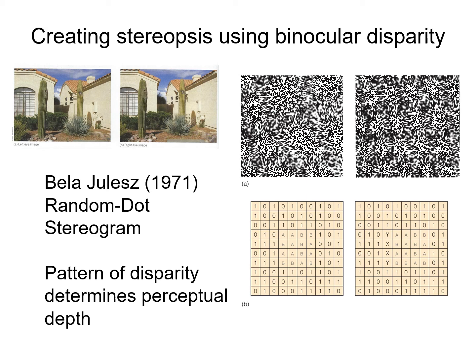And actually, you can watch that AABB box also pop out in depth. And so these random dot stereograms suggested, yes, this is truly binocular disparity that is creating this rich sense of stereopsis.